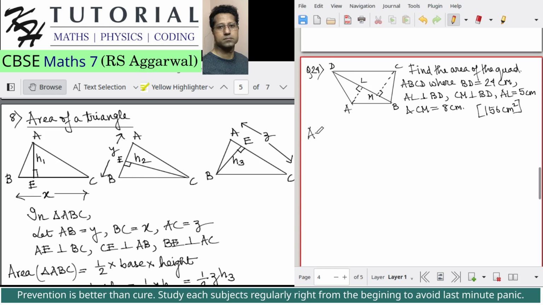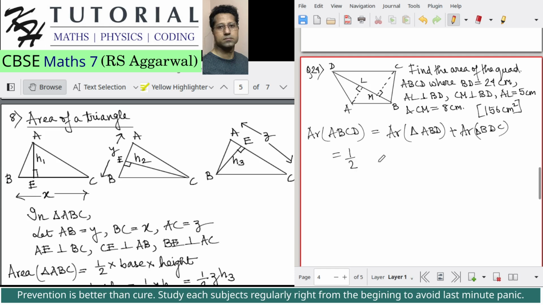So the area of the quadrilateral ABCD is nothing but the area of the triangle ABD plus the area of the triangle BDC. So what is the area of triangle ABD?